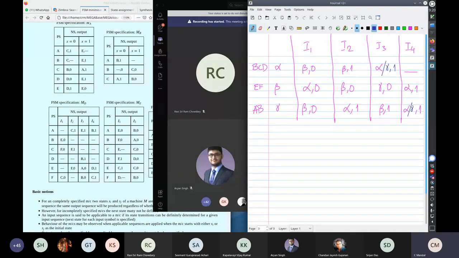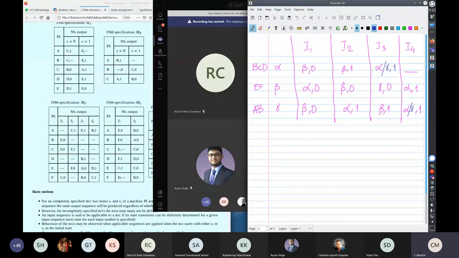I mean, does it make any difference? I think either option is okay. This one you have to specify.